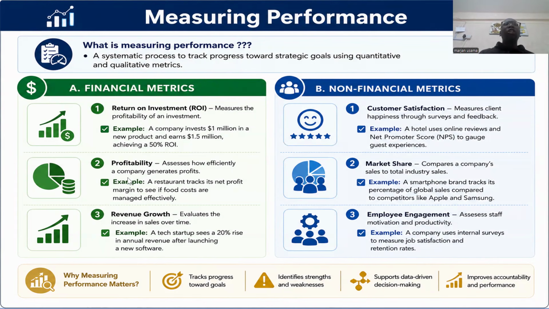Then, number two is profitability. Assesses how efficiently a company generates profit. How are we generating our profits? For example, a restaurant tracks its net profit margin to see if food costs are managed effectively.